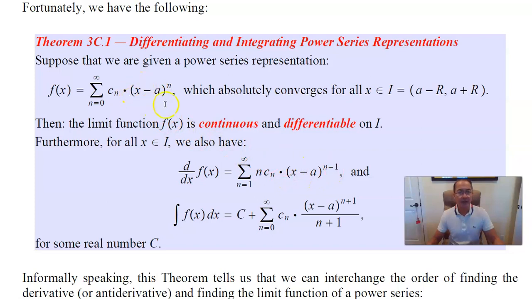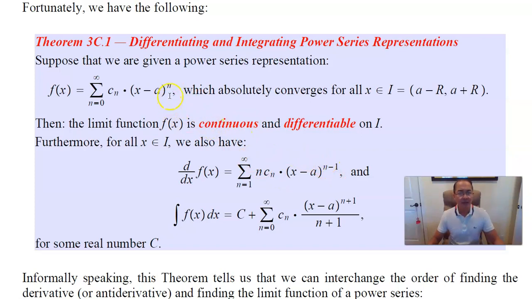You would recognize that if you're taking the derivative with respect to x of each term in this series, c sub n is just a constant, so we leave it alone. But by the power rule, you drop the n, so there's an n times c sub n now, and then you decrease the power by 1, so you have power n minus 1.